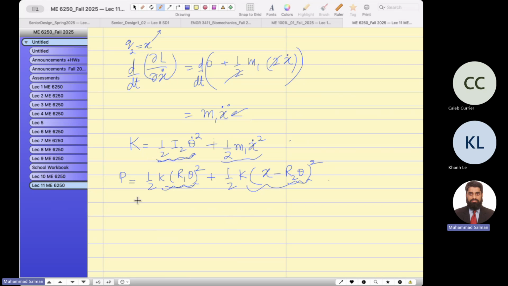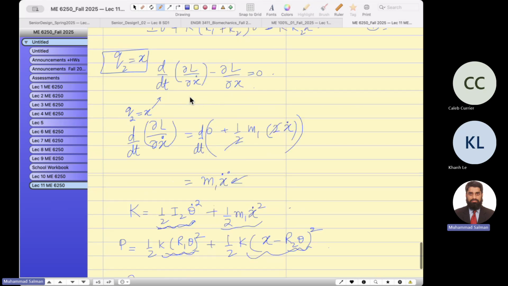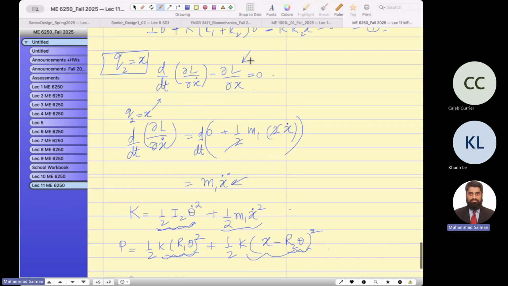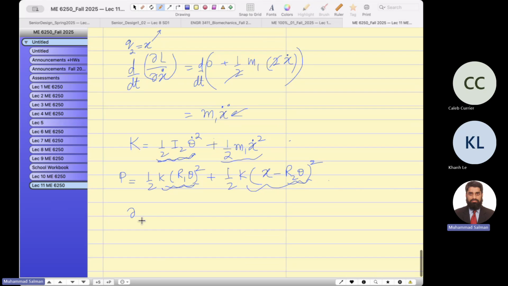When you take the partial of L over partial x, you don't see any x in the first term, no x in the second term, no x in the third term. But here we have x, so we have to do a different partial derivative here.